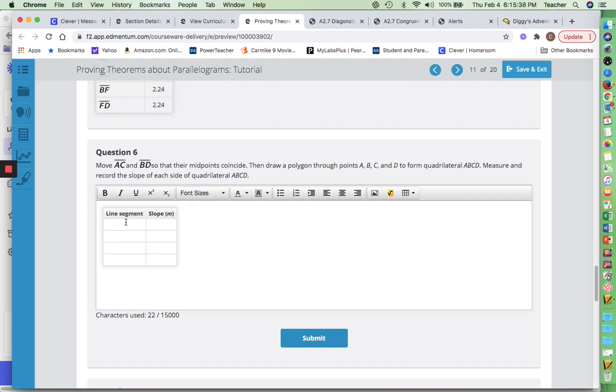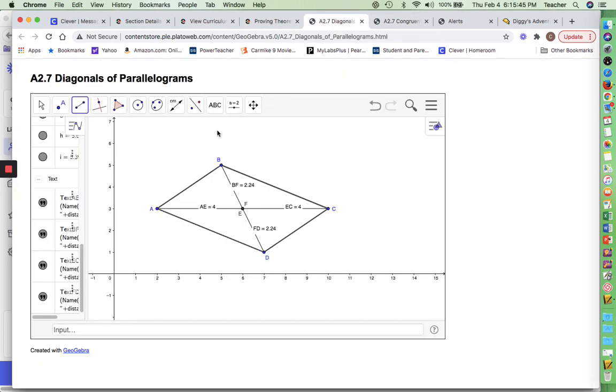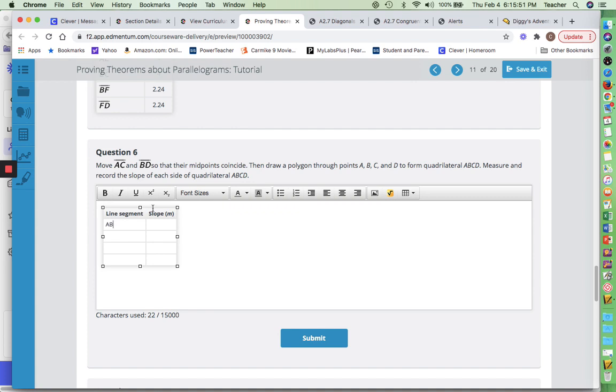So basically all we're doing is proving that it's a parallelogram by looking at their slopes. My 4 sides were AB, BC, CD, and DA, and I need to find their slope.